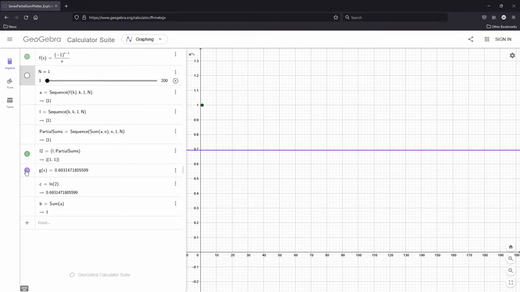So this line right here is ln of 2, and the first partial sum of the sequence is just 1.